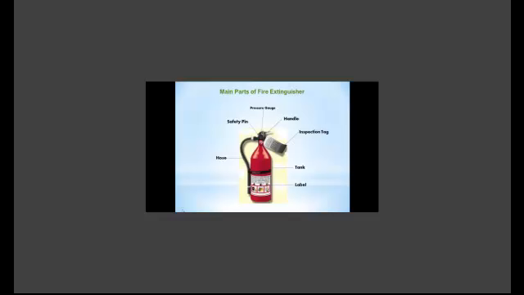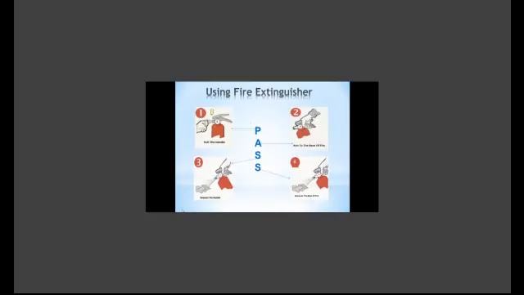These parts are the pressure gauge to indicate the pressure inside the extinguisher, the handle used to start using the extinguisher, the inspection tag to show the inspection schedule of the extinguisher, the tank which contains the material, the label which shows some data regarding the type of extinguisher, the safety pin, and the hose. These are the main parts of the fire extinguisher.